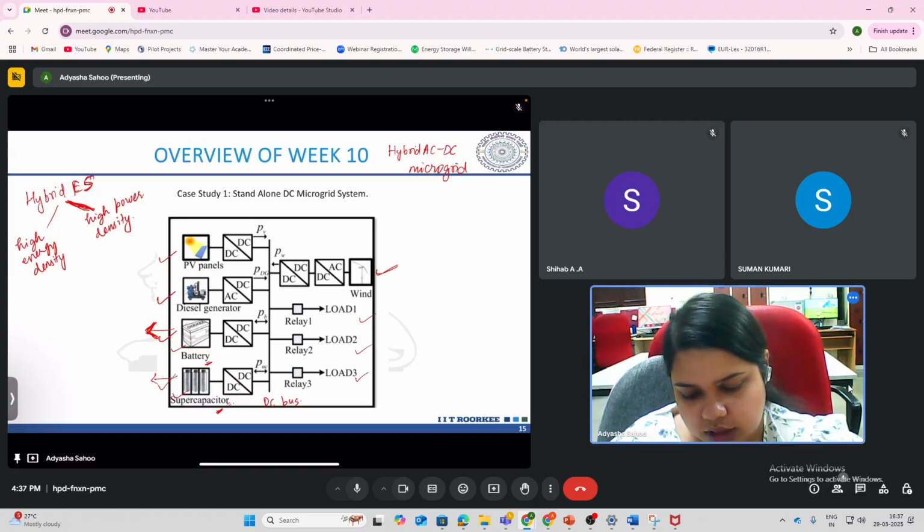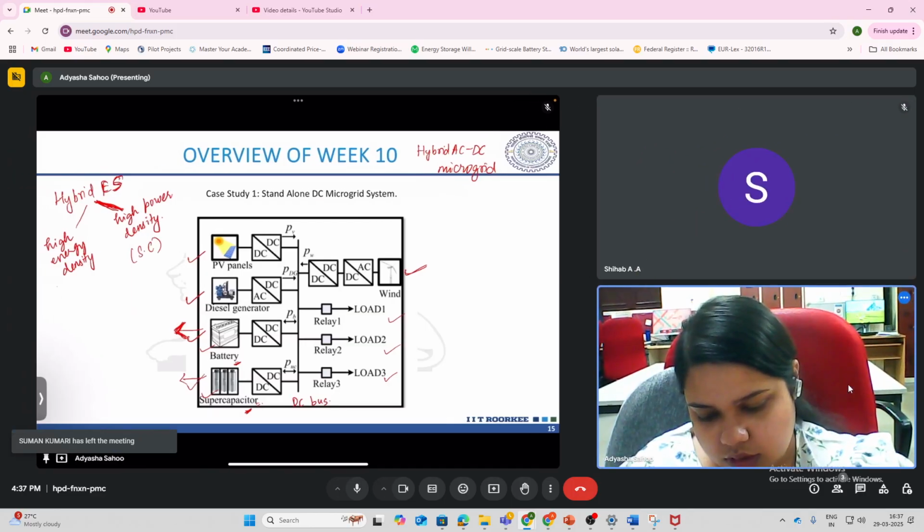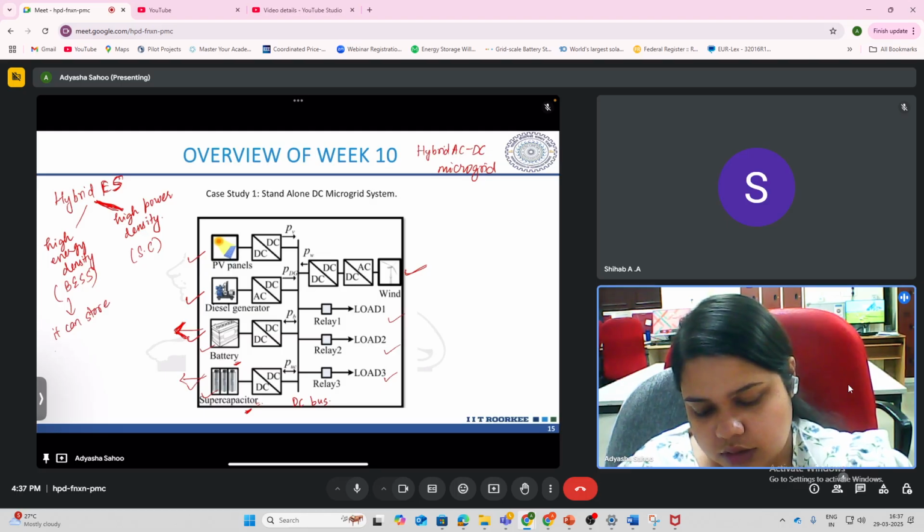Supercapacitor is a high power type, and battery is a high energy type. Yes, that means it can store charge for a greater time interval efficiently.